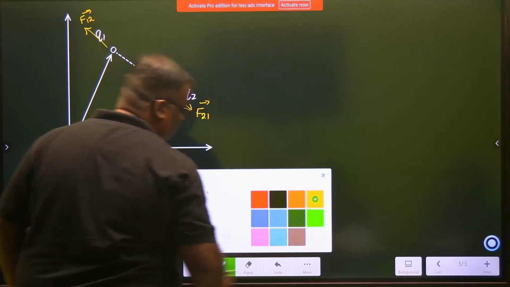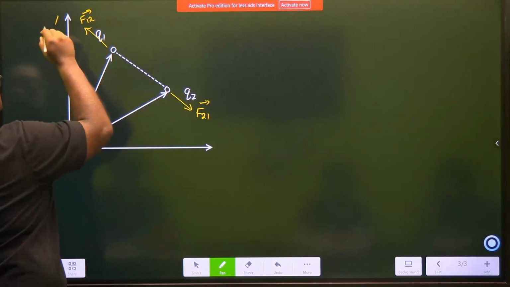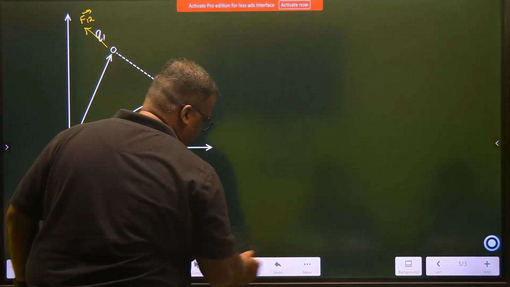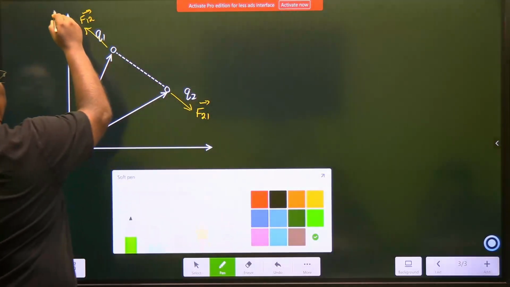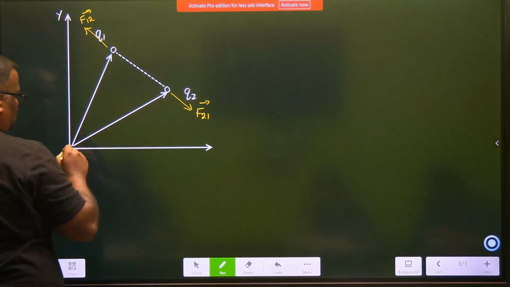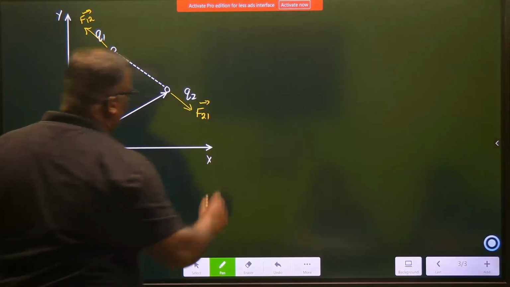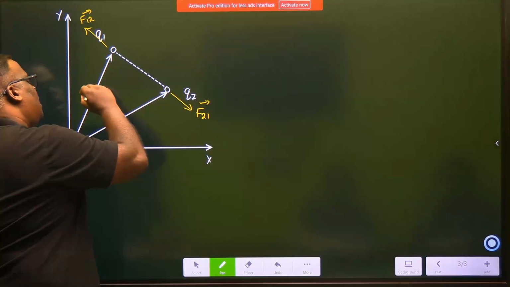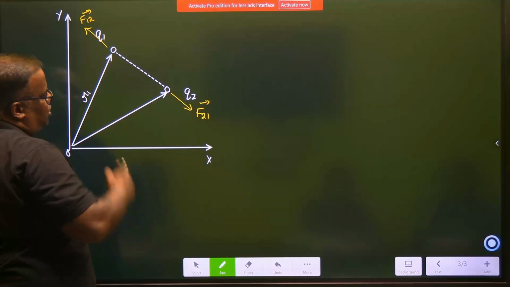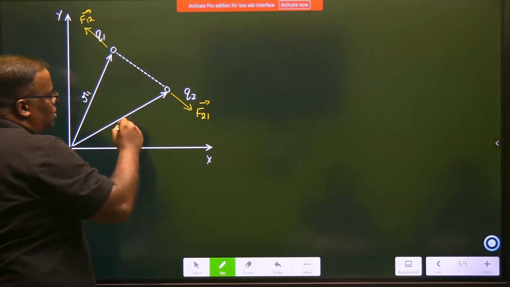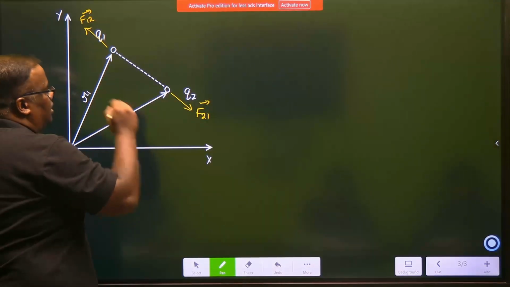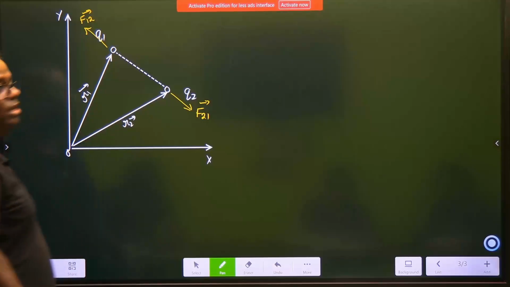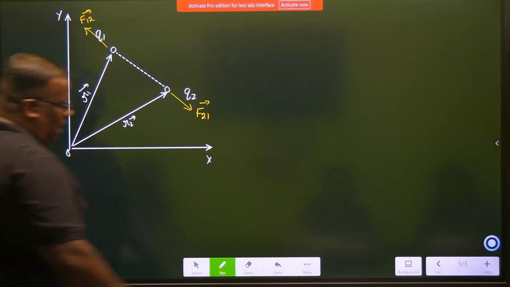This is my y-axis, this is my origin, and this is my x-axis. The position vector to Q1 is given by R1, and the position vector to Q2 is given by the R2 vector. Are these things clear?